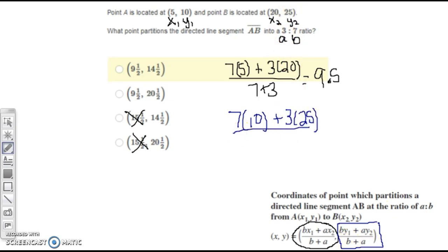All divided by b plus a. Our b is 7 and our a is 3. So again, I'm going to type that in my calculator. 7 times 10 plus 3 times 25 divided by 10. And I got 14.5, which means it has to be this answer.